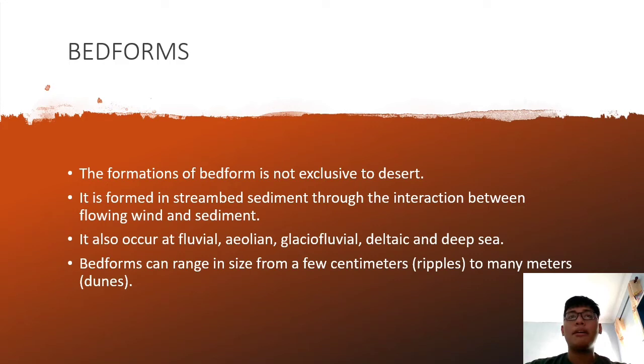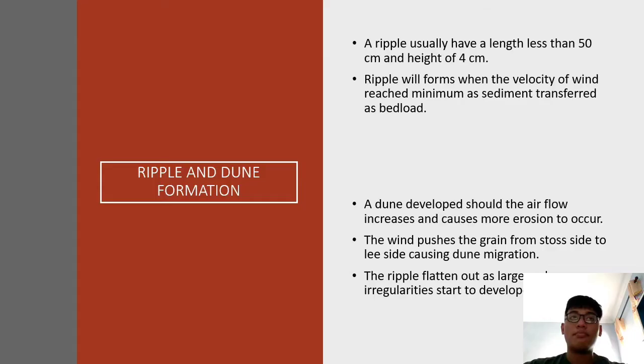The formation of bed forms is not exclusive to deserts, but the pattern can be found in fluvial, glaciofluvial, deltaic and deep sea environments. It comes from the interaction between flowing wind and sediment, while in the sea it is flowing water. Bed forms can range in size from a few centimeters to many meters.